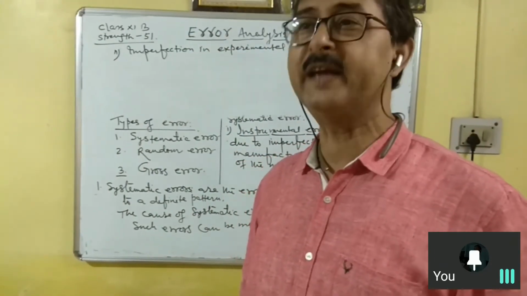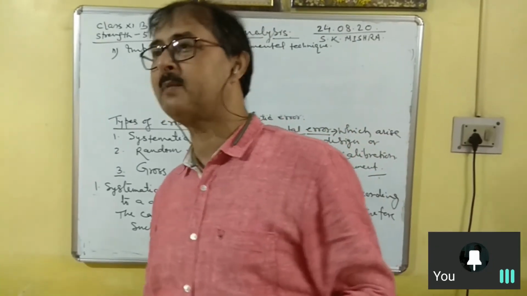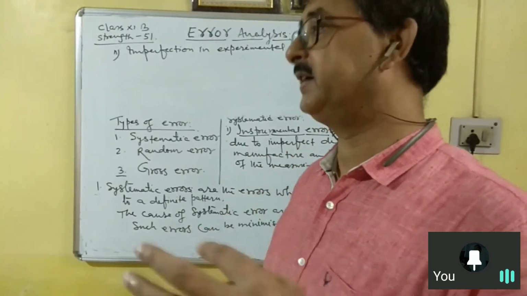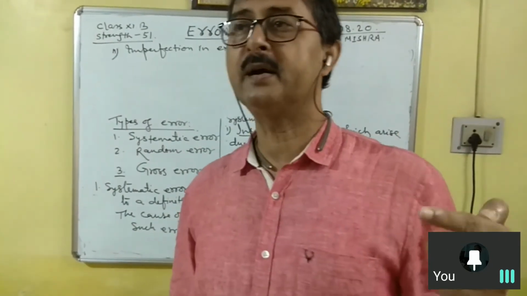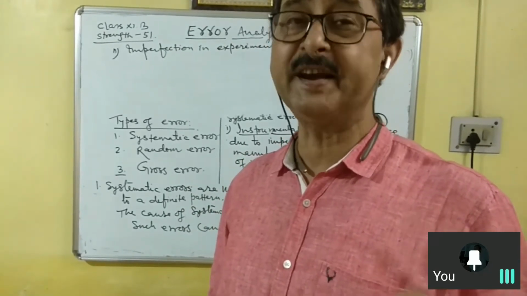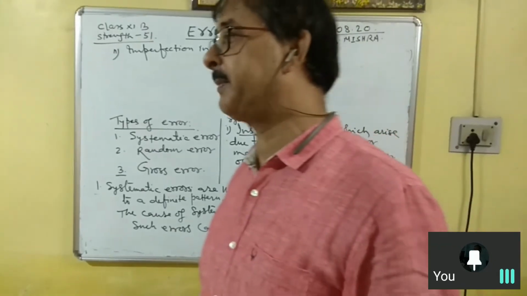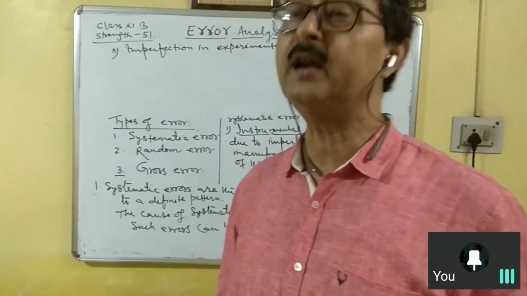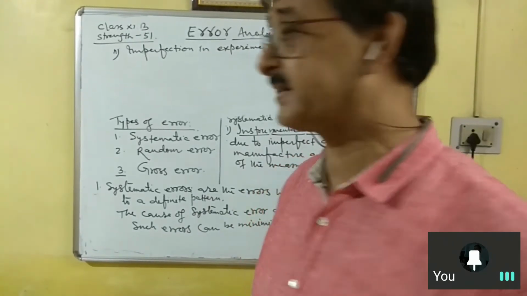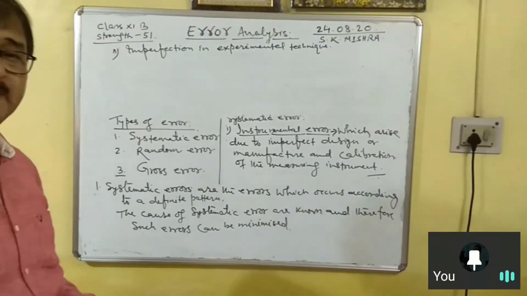If you go to the doctor, he or she will put the thermometer in your mouth and read the temperature from it. So instead of you placing the thermometer in your armpit, they place it inside your mouth to measure the correct temperature. It happens because you don't know the experimental technique.